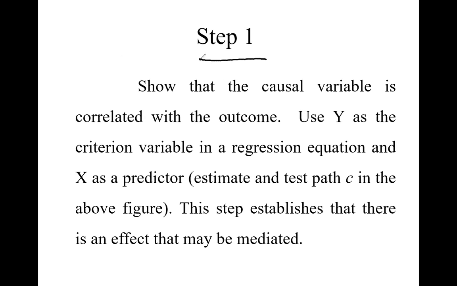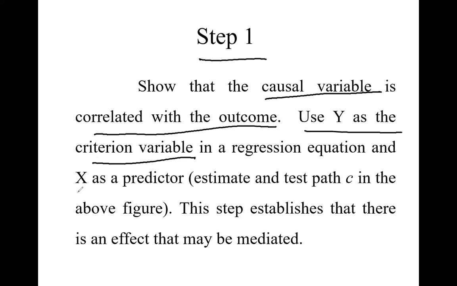The first step is to show that the causal variable is correlated with the outcome variable. In the first step, Y is the dependent variable and X is the independent variable. This step establishes there is an effect that may be mediated.